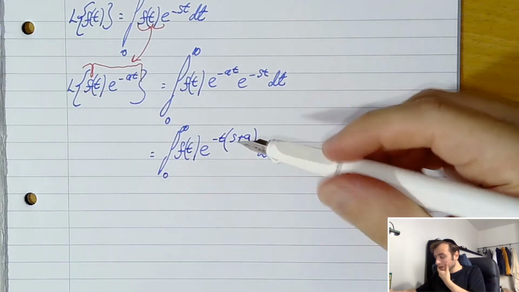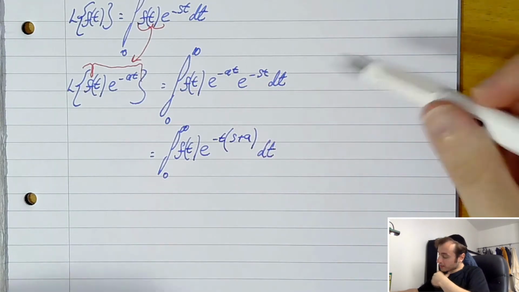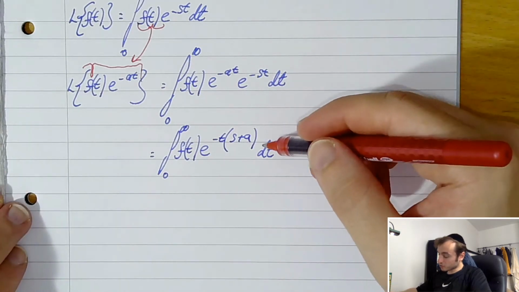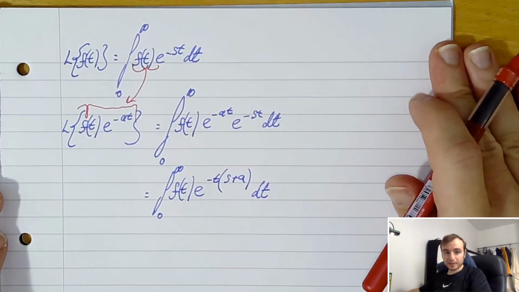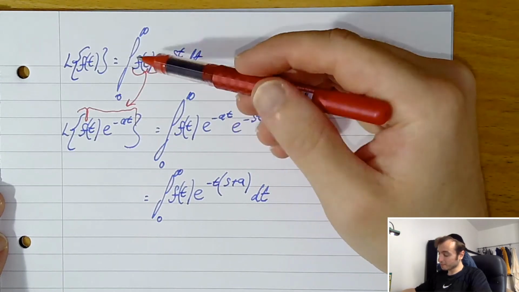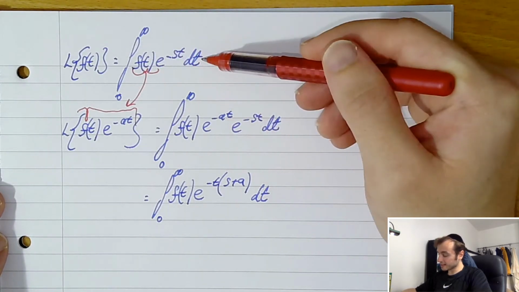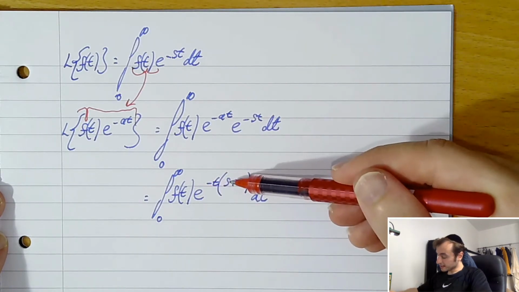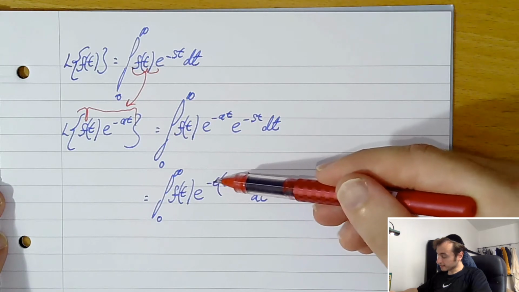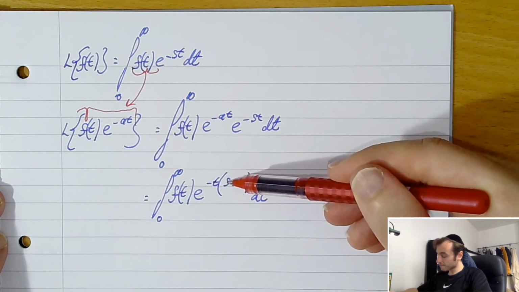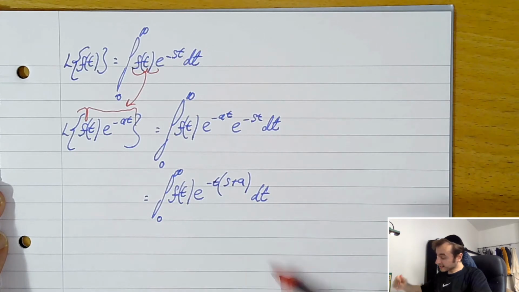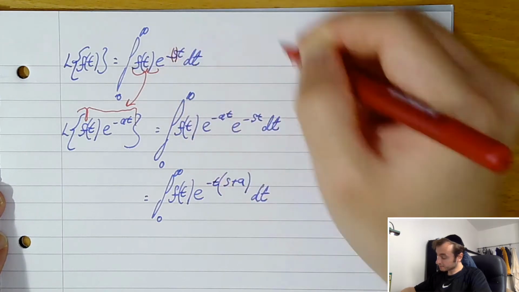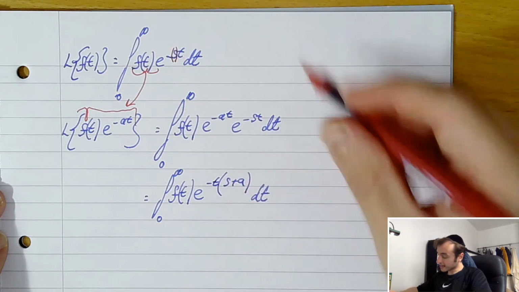Now that looks quite familiar, because we know that the Laplace transform of f of t, going back up, is the integral of f of t e to the minus st dt. Well, that is very similar to what we have here, because that minus t times s is minus st. But what's contained in the s bracket over here is just replaced with s plus a.